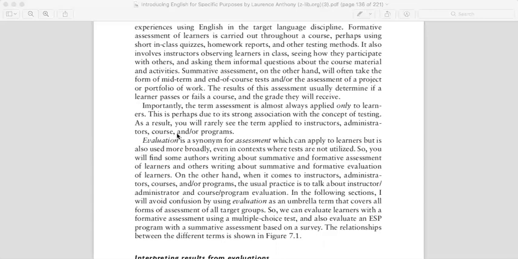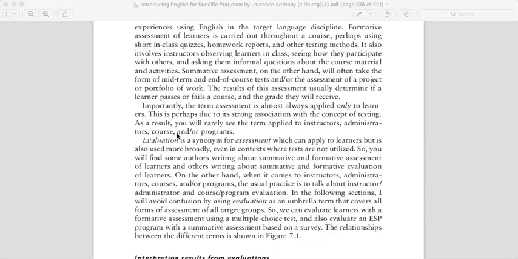Assessment is done of the learners only, but evaluation is an umbrella term. You can evaluate the students, you can evaluate the instructors, and you can evaluate the course, but you cannot assess the course. You can assess the students, right?